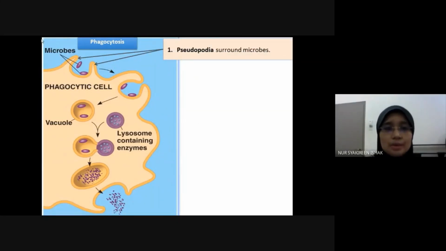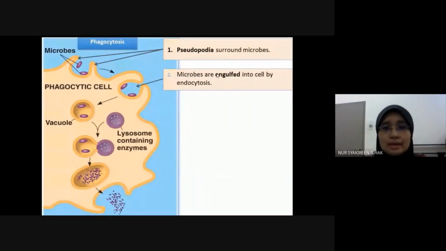Okay, so you have here a cell extension of the phagocytic cell. It forms pseudopodia, which is a cell extension that surrounds the microbes, right? And then the microbes are engulfed into the cell by endocytosis or phagocytosis lah. And then it forms a vacuole, all right?